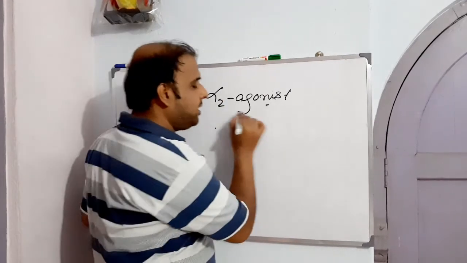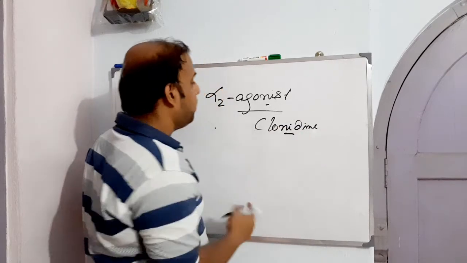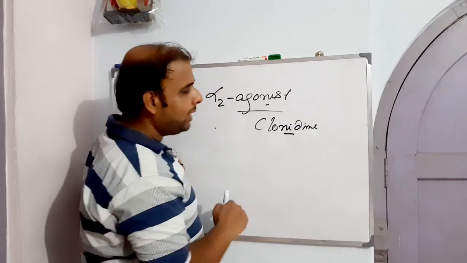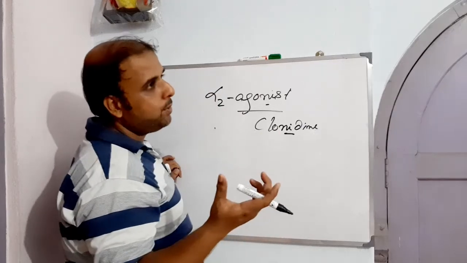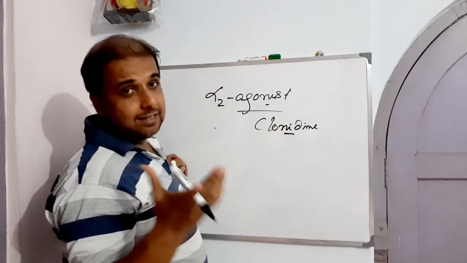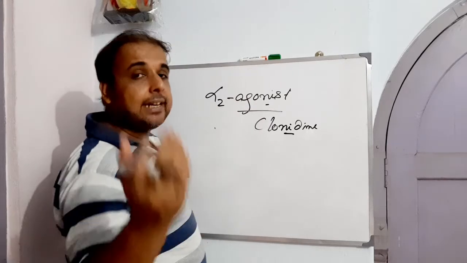We have a drug called clonidine, an example of an alpha 2 agonist. But let me tell you, clonidine does not comply with the classical feature of sympathomimetics, that is, beta aryl alkyl amine.